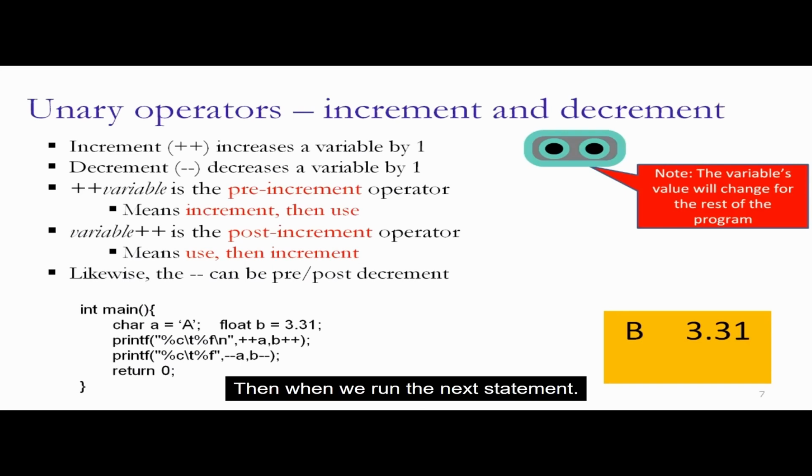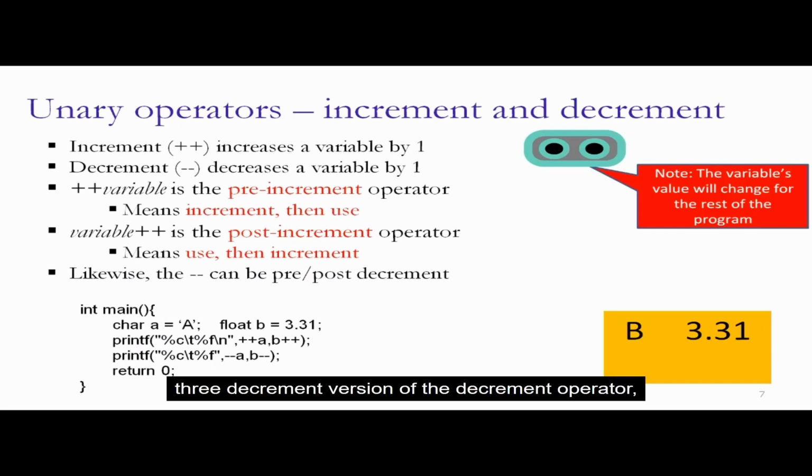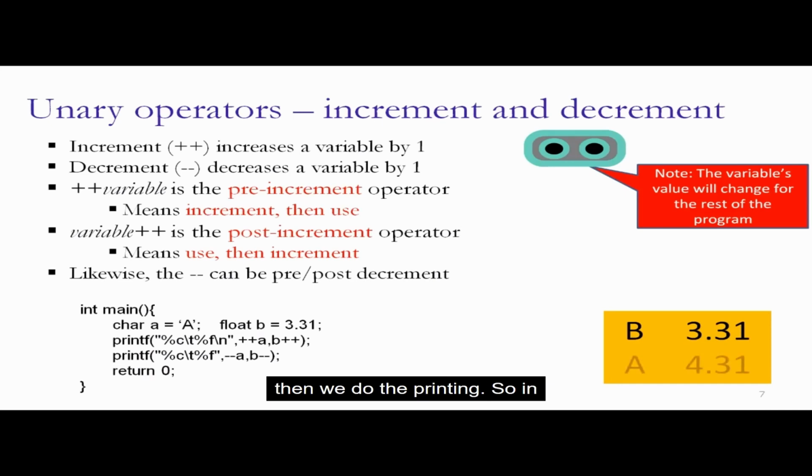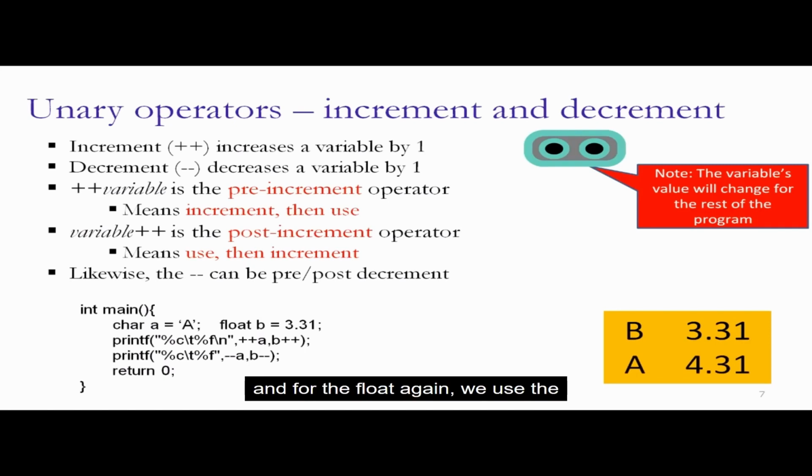Then, when we run the next statement, we will see that we are using the pre-decrement version of the decrement operator, which means that we first decrement it and then we do the printing. So in this case, we will print A, and for the float, again, we use the post-decrement version, which means we first print the value and then we decrement.